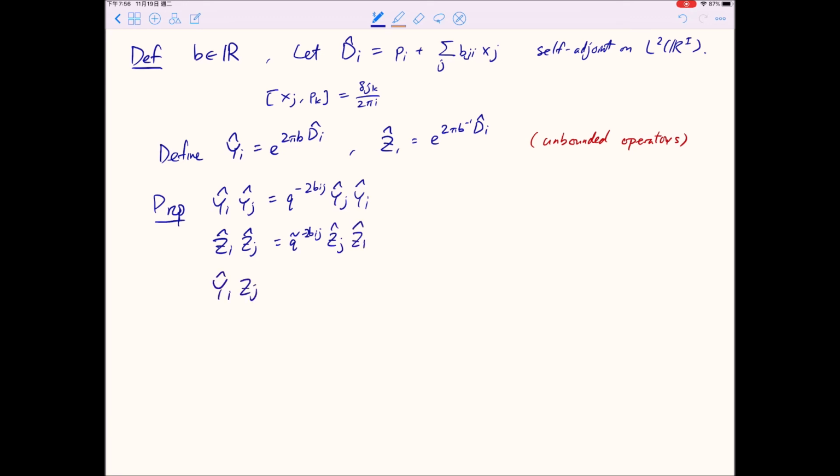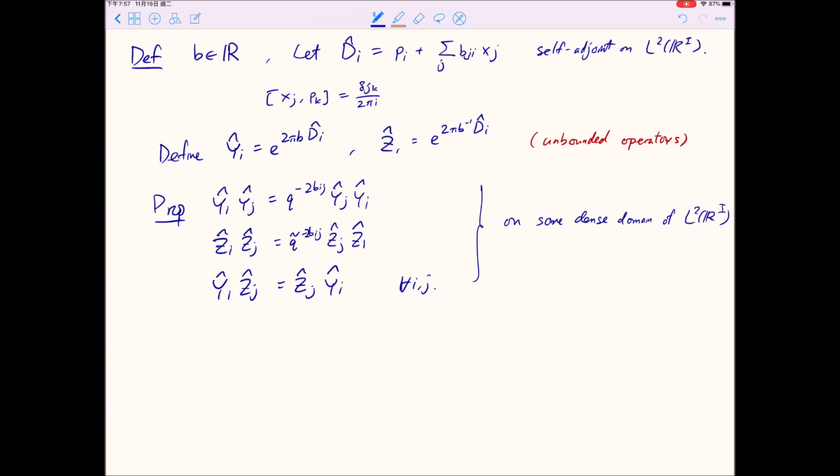And they commute otherwise. So Y and Z are commuting copies of the quantum torus algebra corresponding to q and q tilde respectively. And this all holds on some dense domain of your Hilbert space.